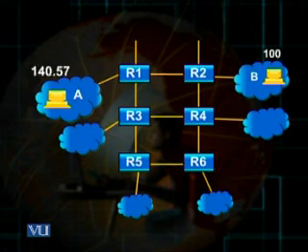Now, when the data packets from client machine A arrive at its default gateway R1, R1 first of all consults its routing table. From its routing table, it finds out the shortest possible path through which it can send these data packets to machine B sitting on network number 100.